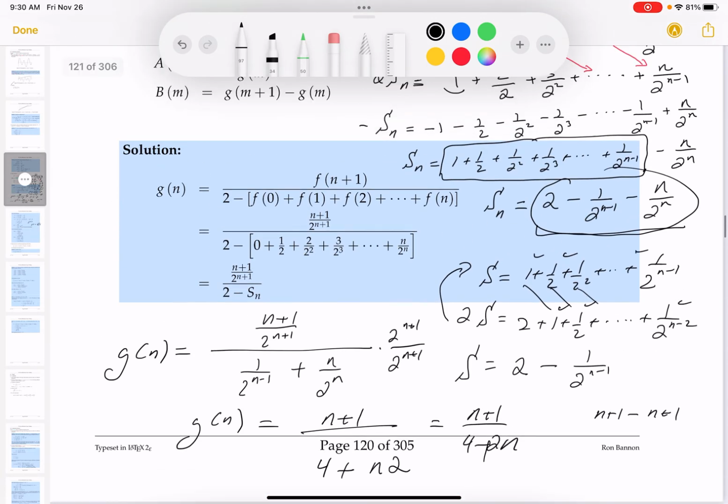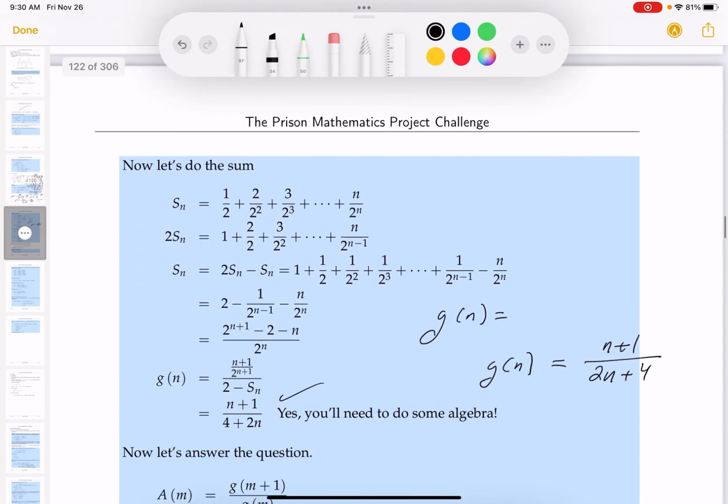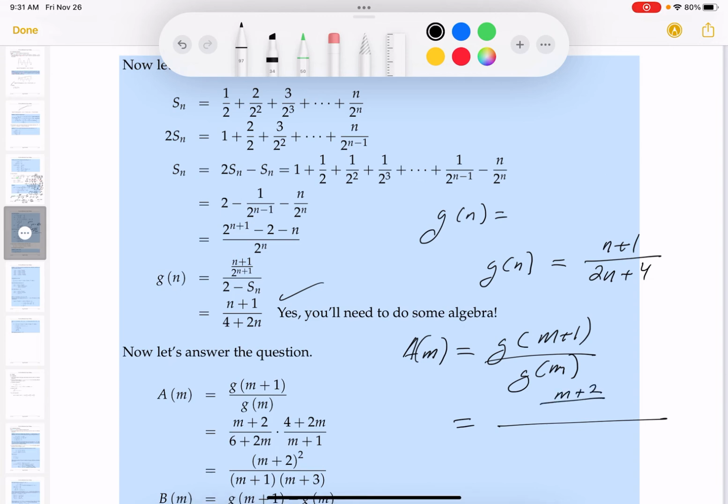What was their question? Let's write down. They want A_m, right? And that's defined as being G of m plus 1 over G of m. Let's write that down. Well, let's see, the top is going to be m plus 2 over 2m plus 2 plus 4, which is 6.